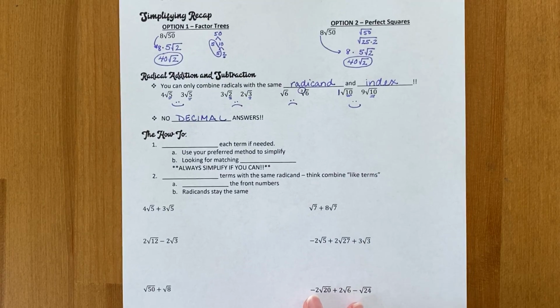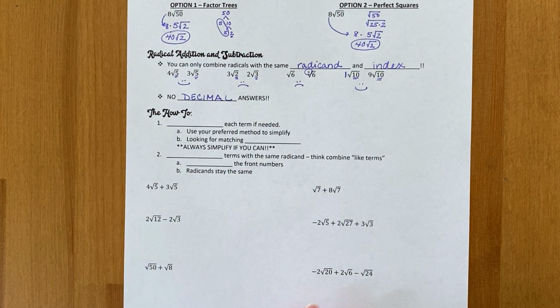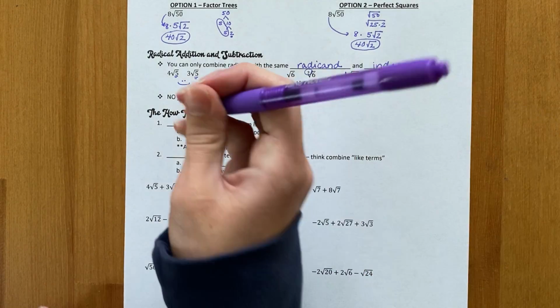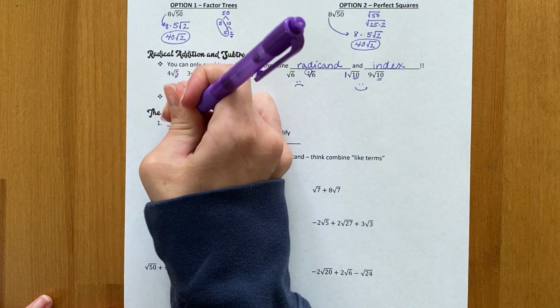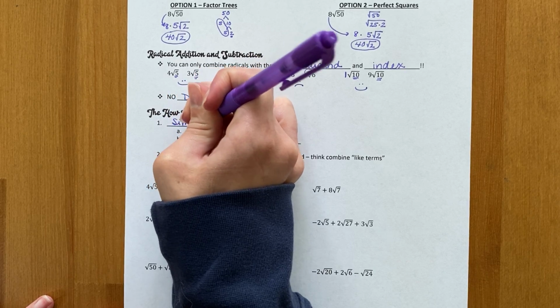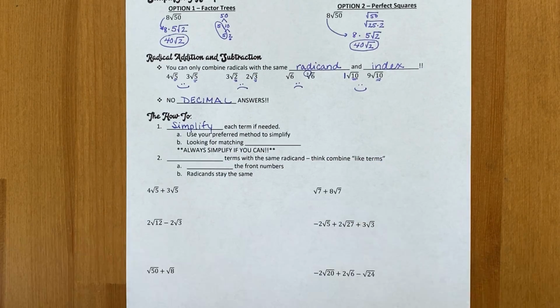All right, so here's what has to happen to be able to simplify radicals for radical addition and subtraction. Our first job is going to be to simplify each term. Sometimes you won't have to, sometimes you will, sometimes you'll simplify some parts and not others, just kind of depends on your problem. You can use whichever method you prefer to simplify, so you could use factor trees or perfect squares, whatever you like.